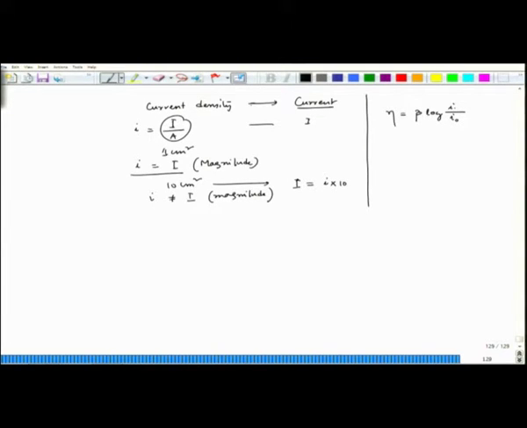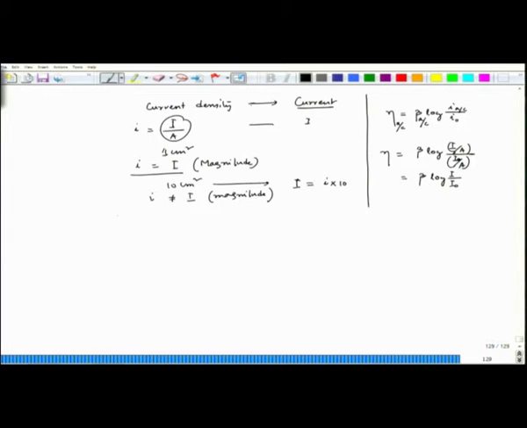Now, this i could be ia or ic, and i0 would remain like this, and this would be anodic or cathodic polarization. Now, I can write this as beta log (I by A) by (I0 by A). This can be converted to log I by I0, capital I by I0, which is current.